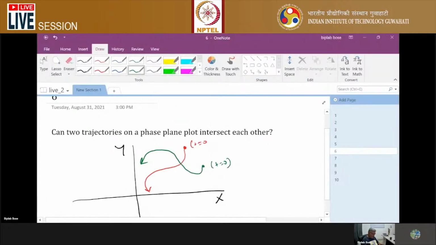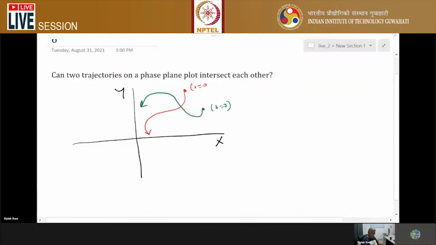So I have two trajectories and they are intersecting here. Is such an intersection possible?